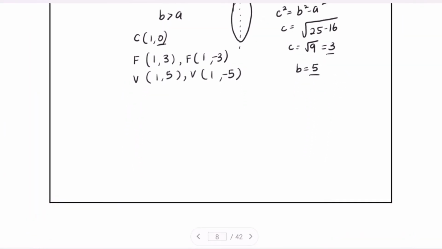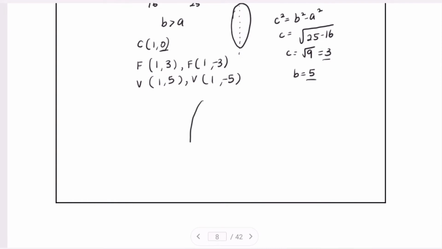Okay, so we're going to sketch the graph. We already know the shape will be something like this. Make sure the coordinates are aligned, roughly like that. Our center is 1, 0. Our foci down here is 1, negative 3, and over here is 1, 3.